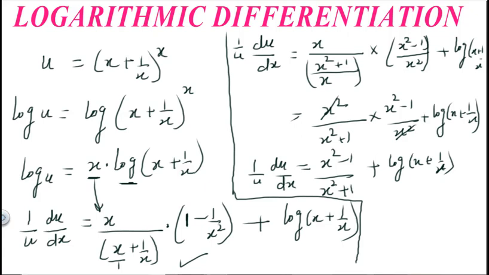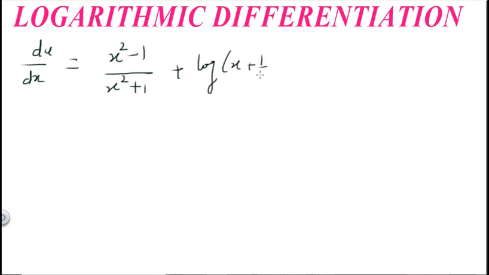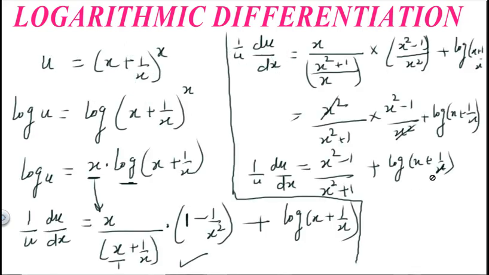Now what will be du/dx? We will transpose this u onto the other side. So du/dx will be equal to (x square minus 1 upon x square plus 1 plus log of (x + 1/x)) into u. You can see this is the equation that we are getting, right?